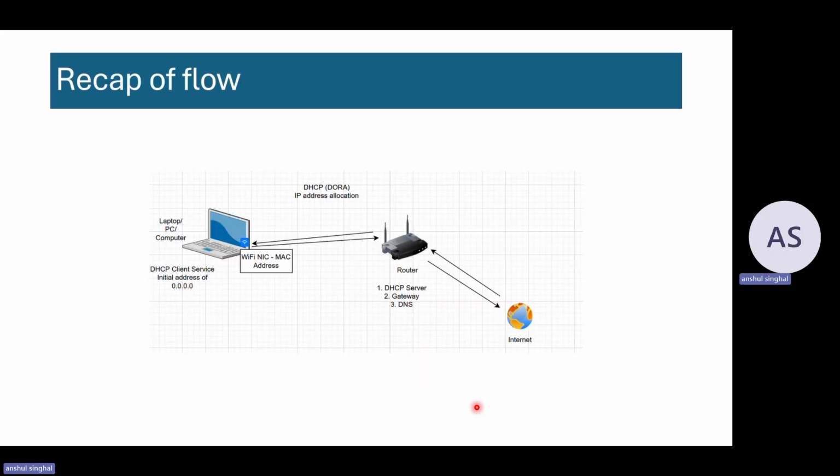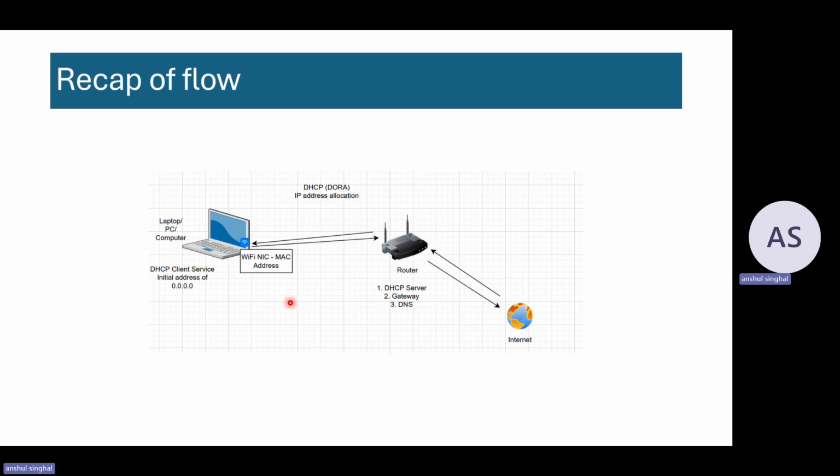So just to recap the flow, I think it is a useful thing to keep in mind for better understanding of how the IP address allocation works. Here we can see an example of a home network setup in general. We have the laptop, we call it PC or computer or laptop, anything.